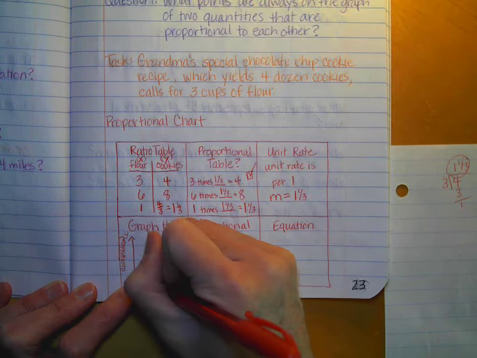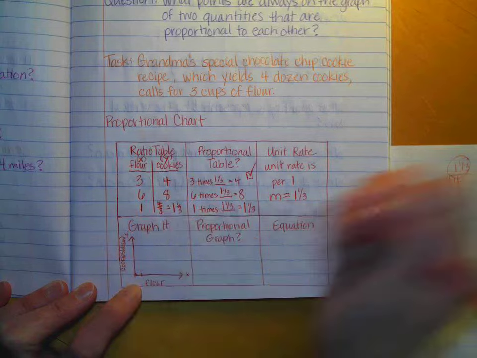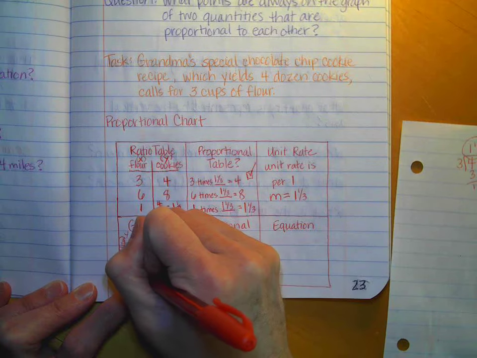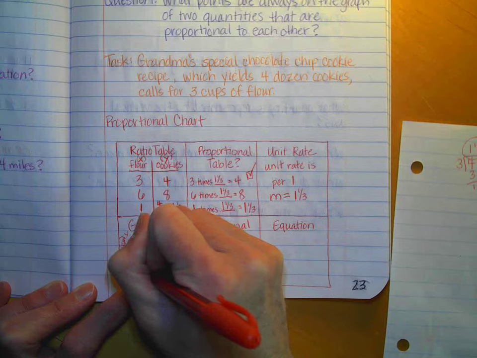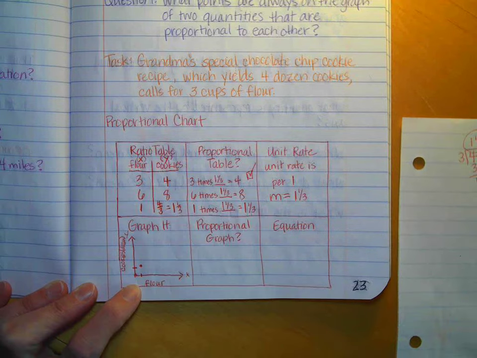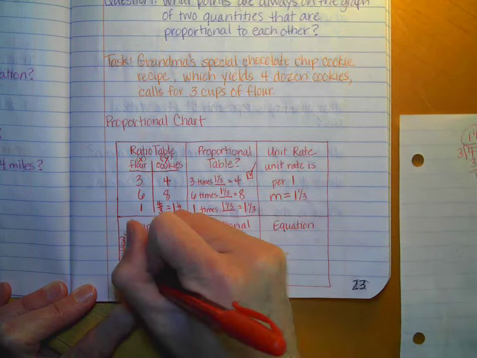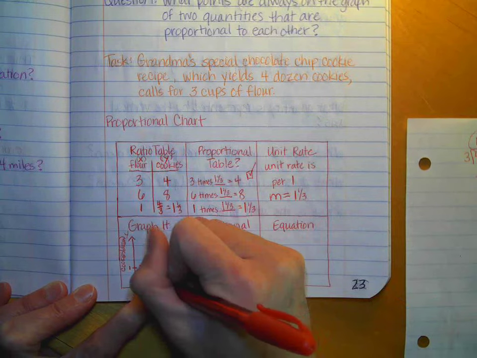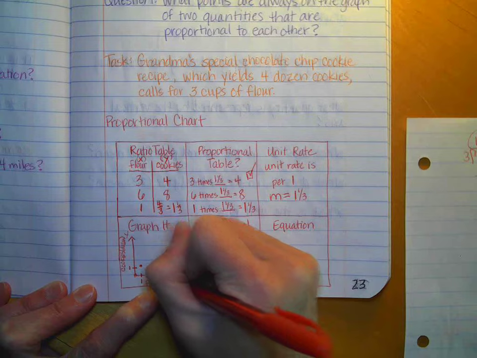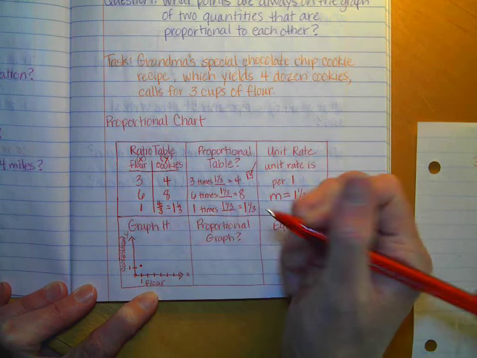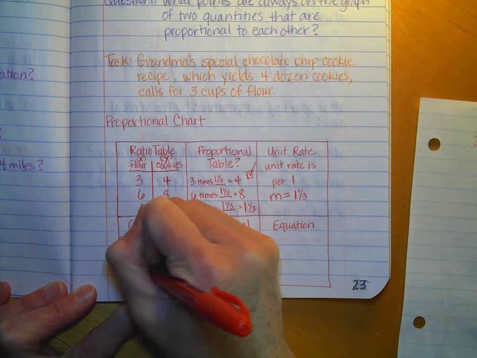Okay? So we know that for every 1 cup of flour, there are 1 1/3. So we're going to say 1 is about here, so 1 1/3 would be about here. Okay? And then for every 3, so this is a 1 right here. Then this would be 2, 3, 4, 5, 6, 7.